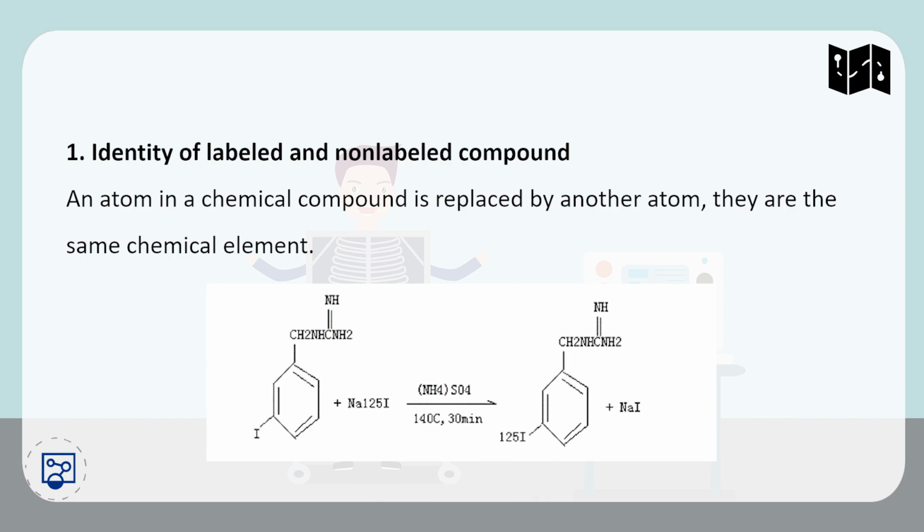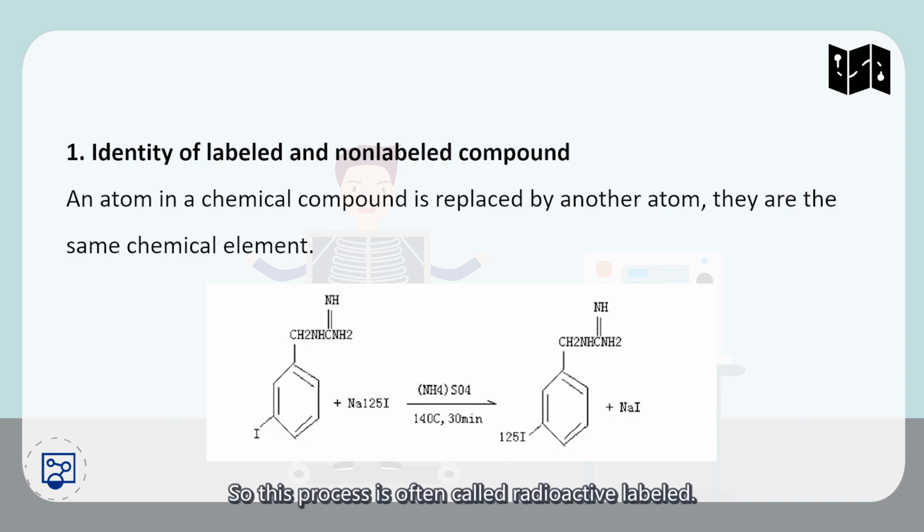Another example, we use tritium, usually we call H3, to replace hydrogen, we call H1. The tritium and hydrogen show the same features. However, the substituting atom is a radioactive isotope. This process is often called radioactive labeling. We label something with radioisotope, so this process is often called radioactive labeling.